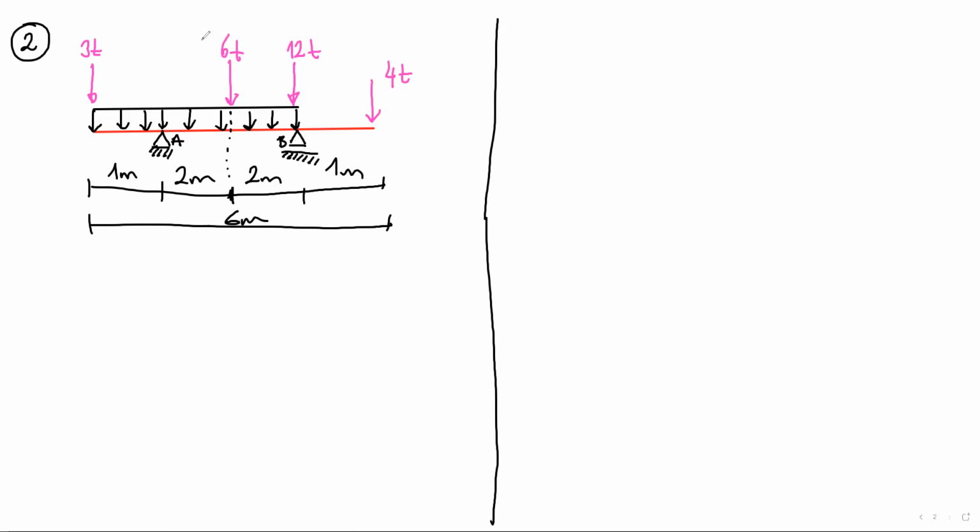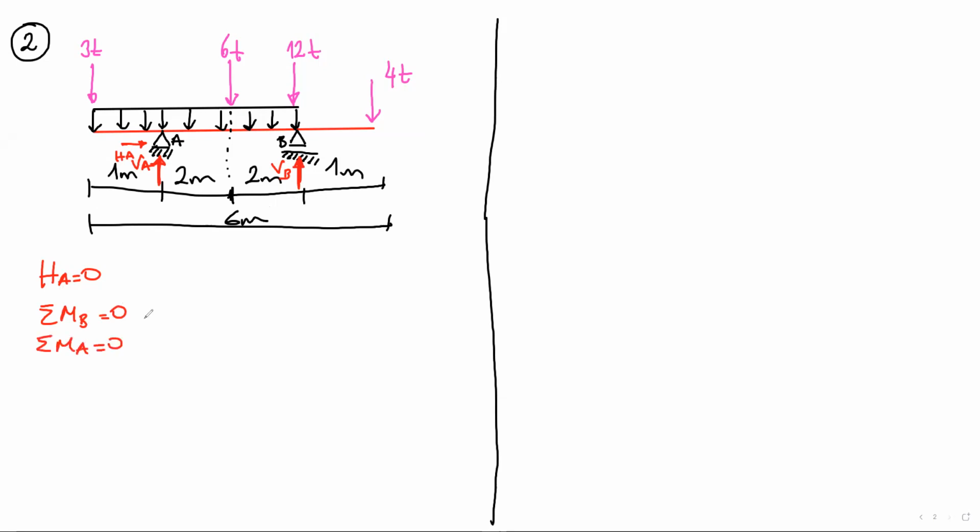So the support reactions here: vertical A, vertical B, and a horizontal A. You're going to see there is no lateral loading on the structural system, that's why HA equals 0. If you make the total MB equals 0 and total MA equals 0, I'm not going to do it again because you know it.